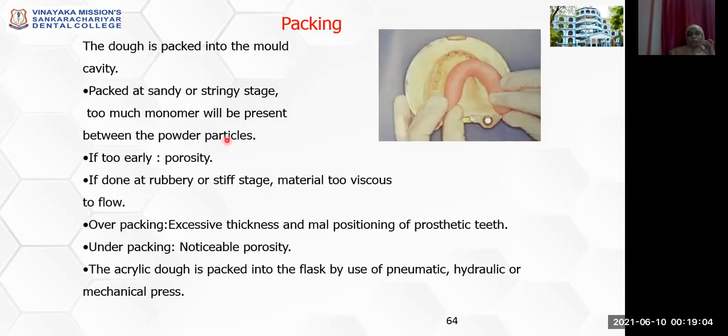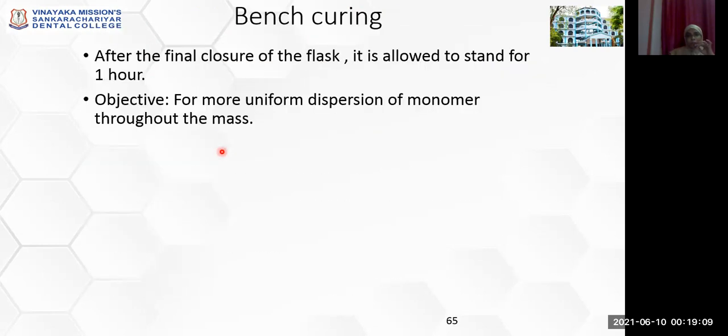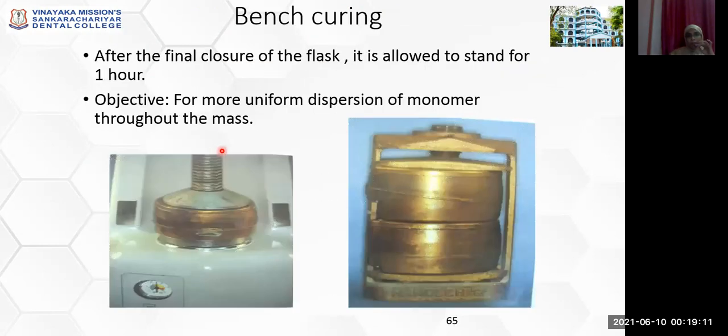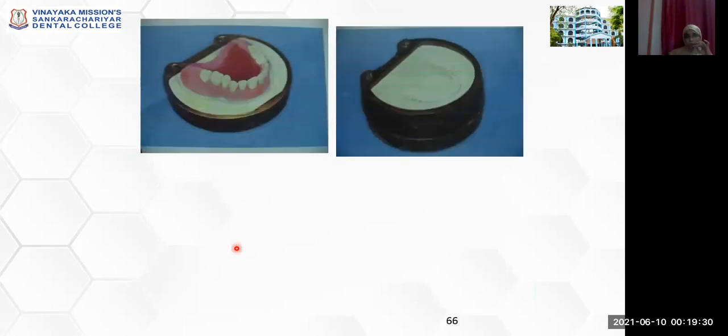Once you've done all the packing, you will use a bench press and allow it to bench cure. Leave it under bench cure for around an hour, so that there is uniform distribution of monomer throughout the entire mass. Fine.